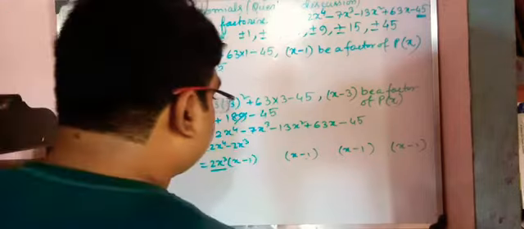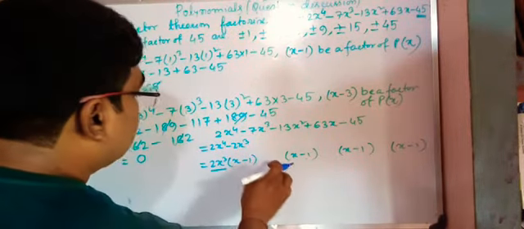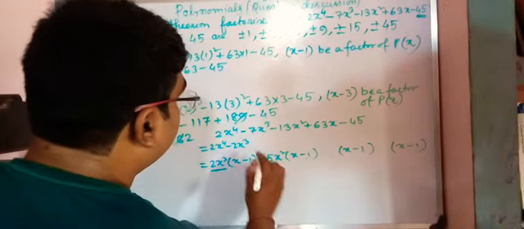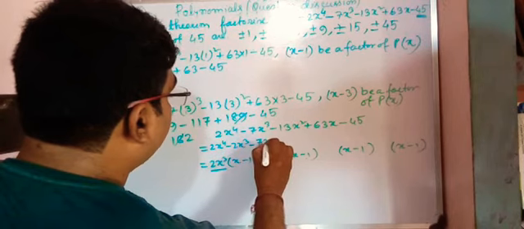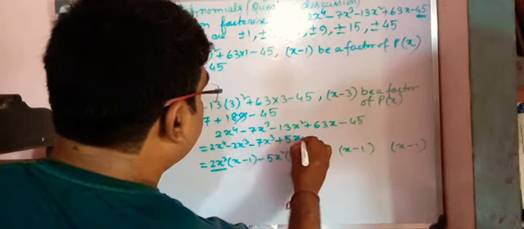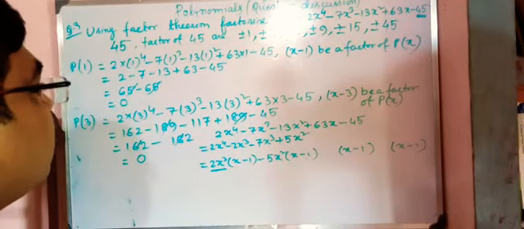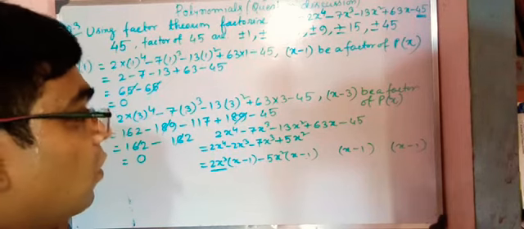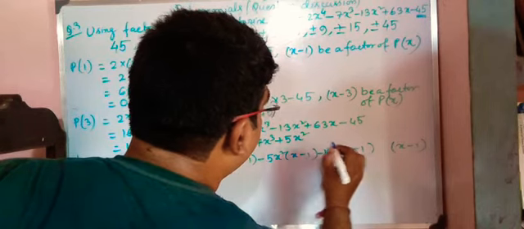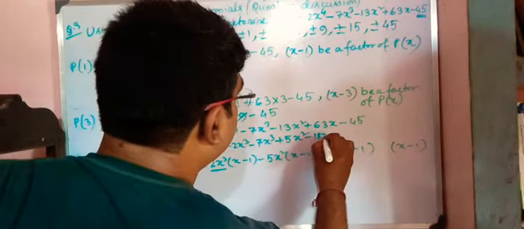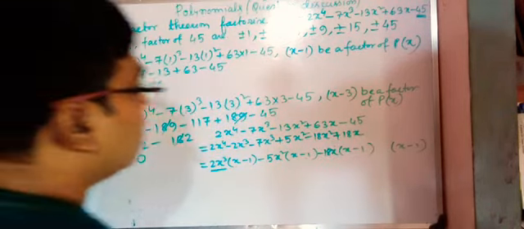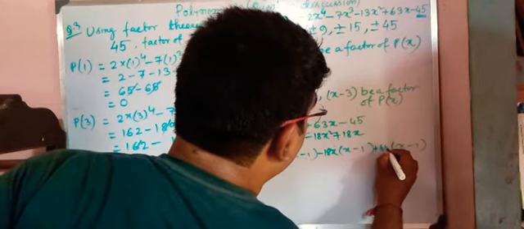Now here minus 7x cube is already here, so we have to make here minus 5. So we are taking minus 5x square. We are multiplying, that we are getting minus 7x cube plus 5x square. Understood? Next, here minus 13x square is given, so we have to take minus 18x. So minus 18x square plus 18x, plus we have to multiply here plus 45.